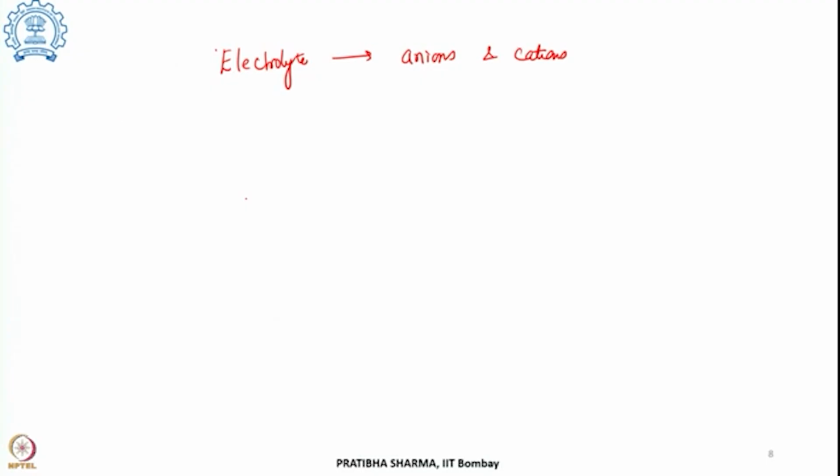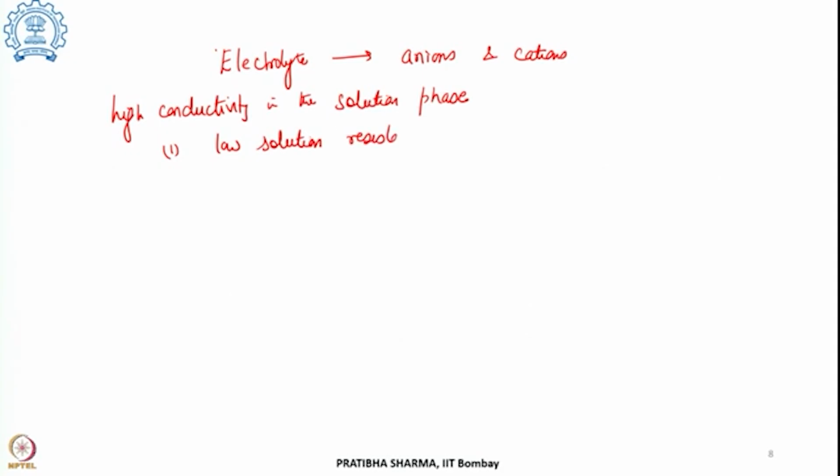What is required is that it should have a high conductivity in the solution phase, and this high conductivity will definitely lead to low resistance. It will result in anions and cations which will basically carry the current.